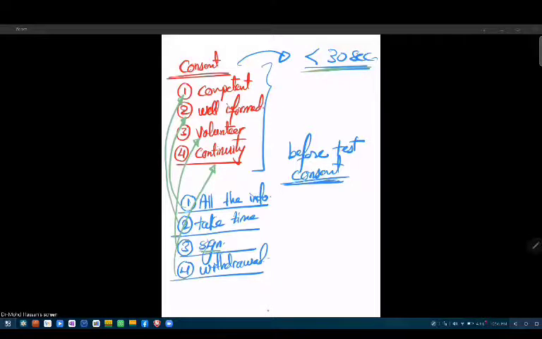So I'll get back to you with the consent form, which will have all the written information about this procedure. Before the test, so before the post-mortem, I will get back to you with a consent form, which would have all the written information about it. Take your time to read it and sign it when you are ready.